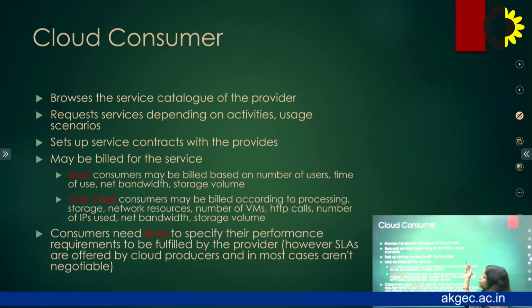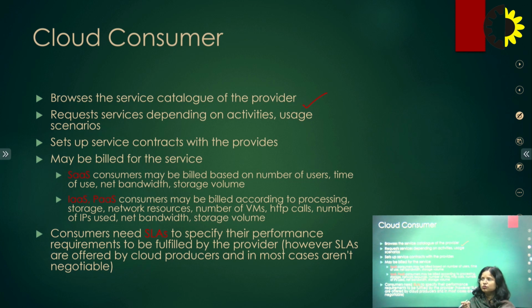Next, the cloud consumer requests the services, depending on the activities performed. In the user scenario, they request the service from the cloud provider or the cloud broker. So the cloud consumer can purchase the services directly from the cloud provider or from the cloud broker.